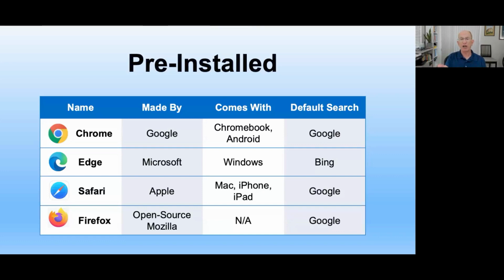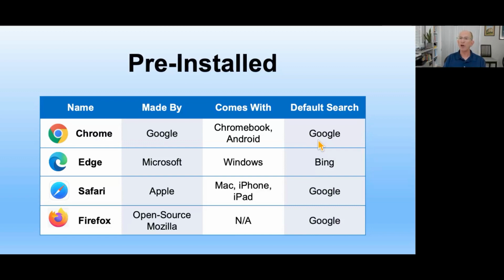They come pre-installed. Chrome, for example, is made by Google, and it comes standard installed on Chromebook devices and on Android devices. It also uses a search engine. We're going to talk a little bit about search engines next.